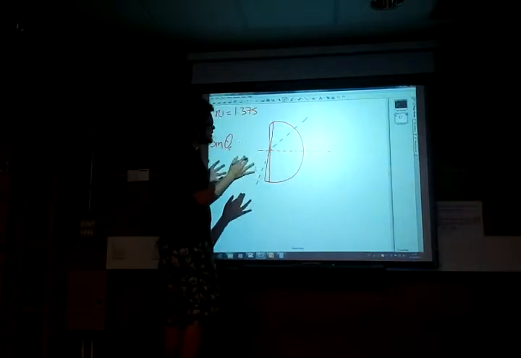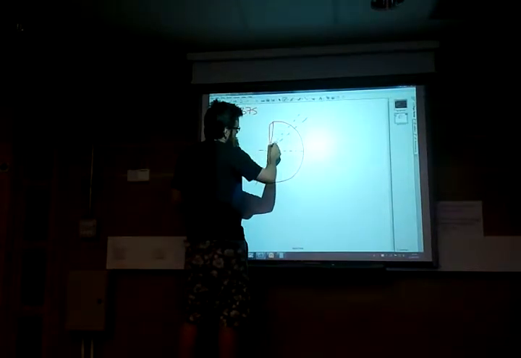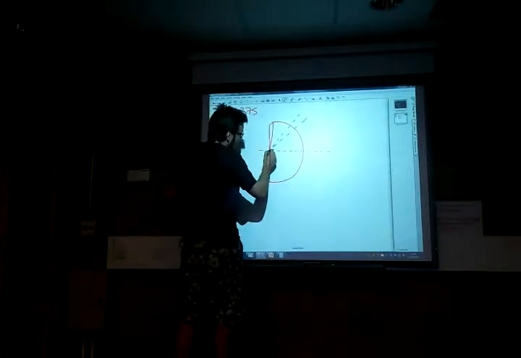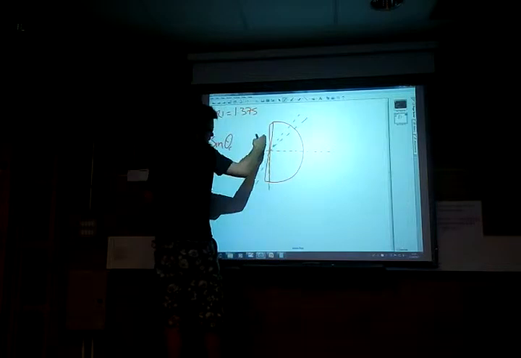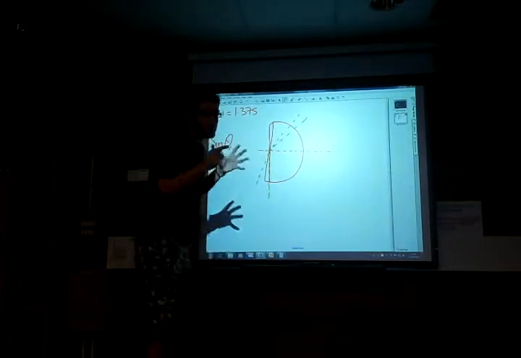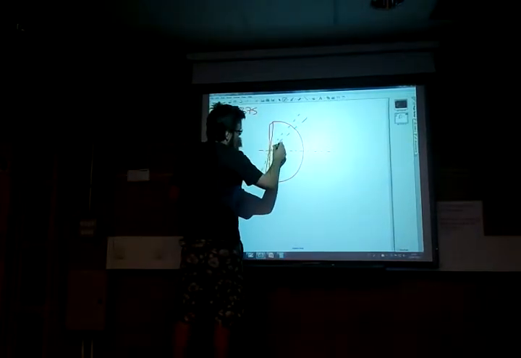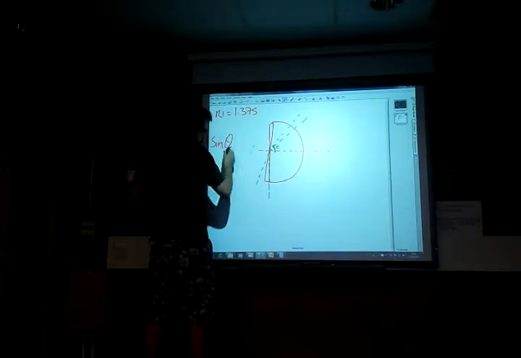Now the critical angle is the angle at which our light goes into this point and no longer refracts back out into the air, but what it actually does is continue along at 90 degrees. So it travels along the edge of that perspex, and that is called the critical angle. So this angle here would be classed as the critical angle.